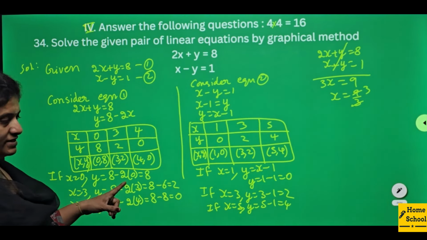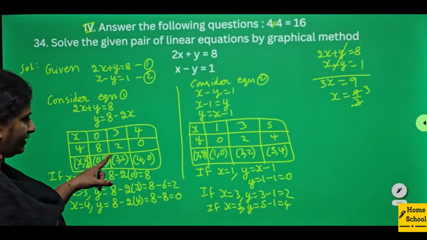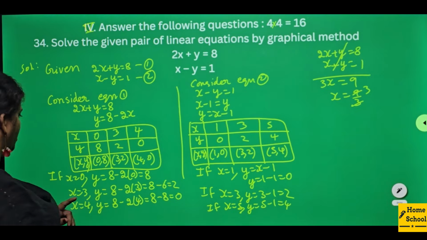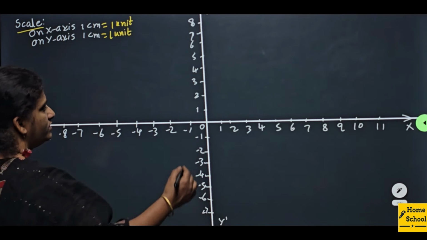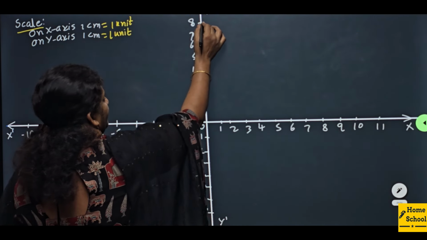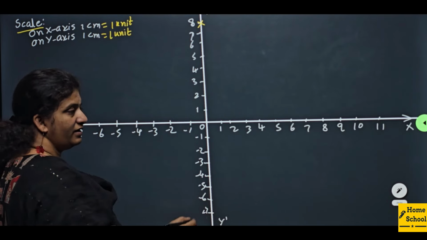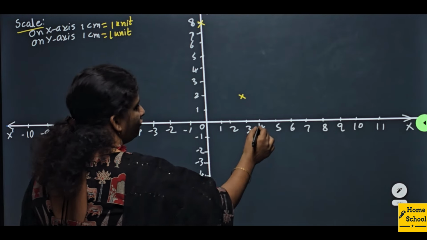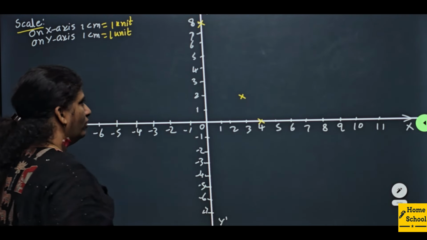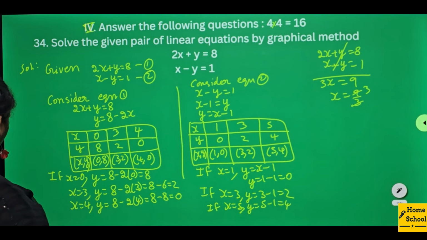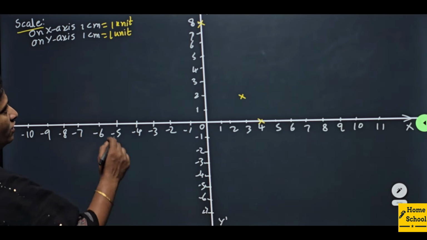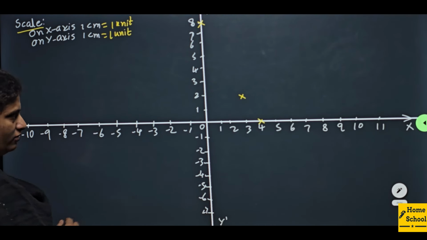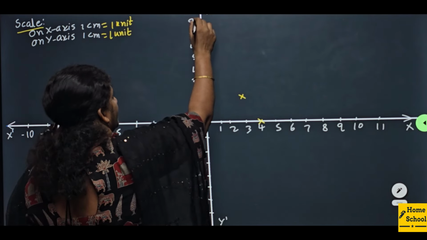The coordinates are 0, 8, 3, 2, 4, 0. 0, 8 here. 3, 2 here. And 4, 0. Yes, the coordinates are correct.